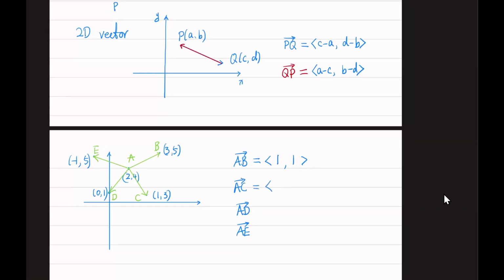AC is 2 minus 1 and 4 minus 3. So which is the starting point? Oh, okay, 1 minus 2 and then 3 minus 4. So be careful where we start and where we finish.